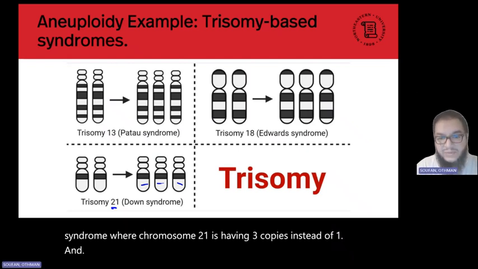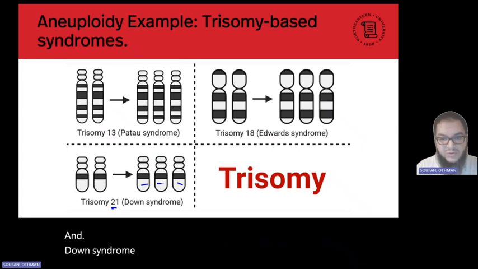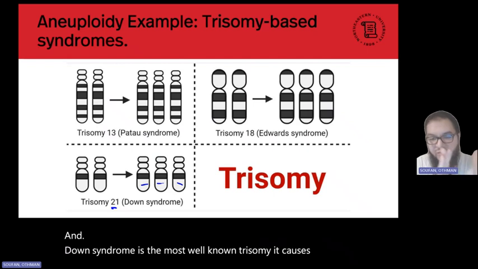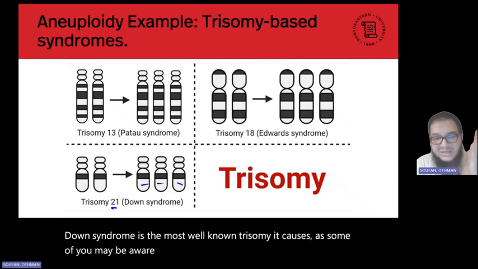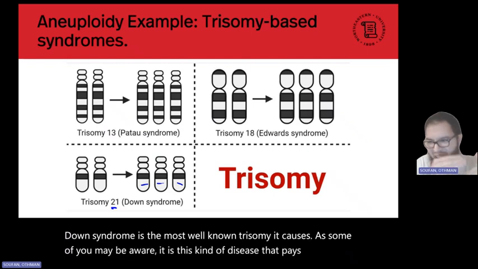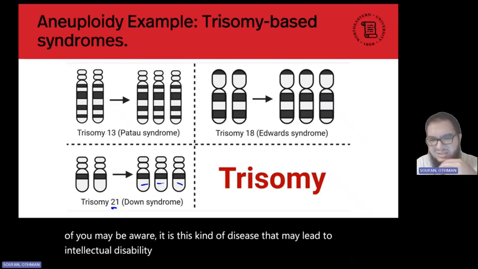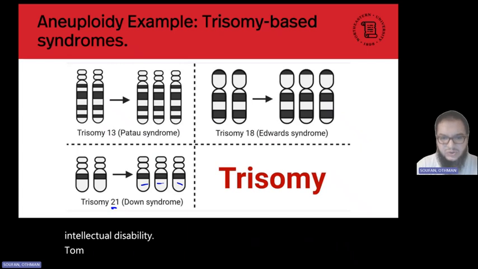Down syndrome is the most well-known trisomy. It causes, as some of you may be aware, a kind of disease that may lead to intellectual disability, some facial features, and so on and so forth.